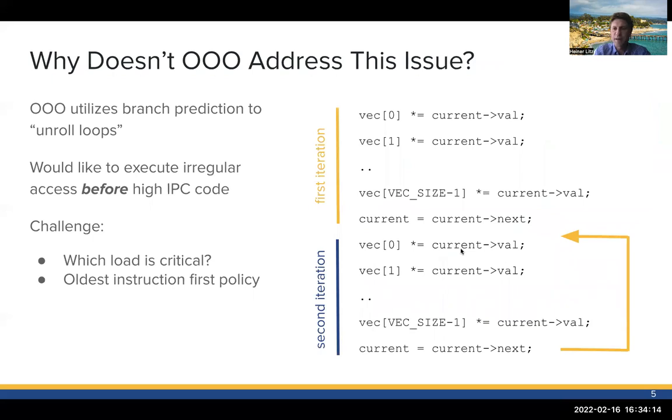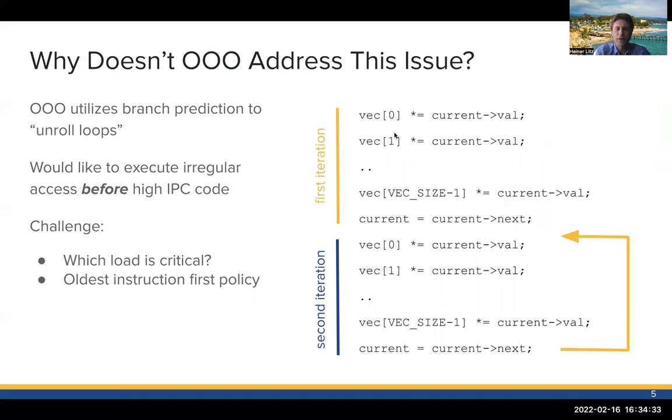I want to provide some more details on why modern and existing out-of-order execution units are unable to already address this issue. So modern out-of-order machines utilize branch prediction and speculation to unroll loops in hardware.